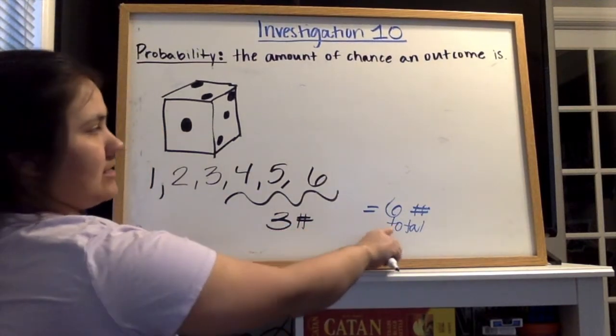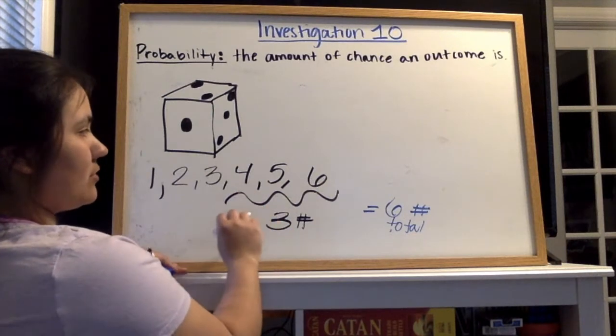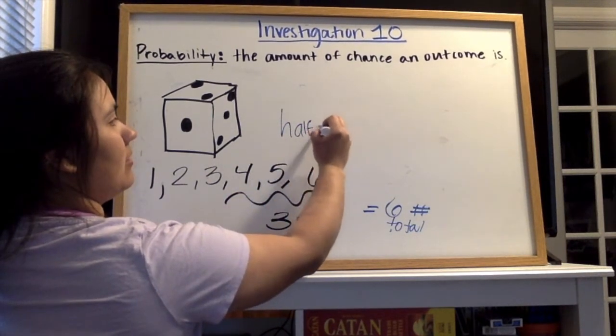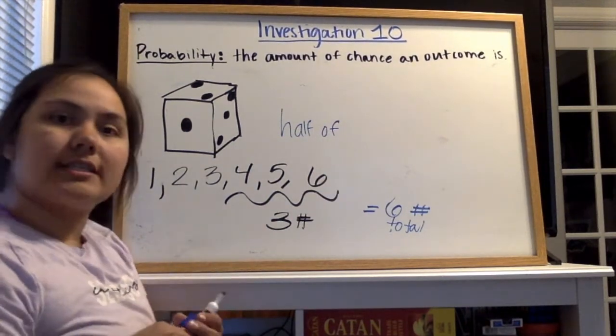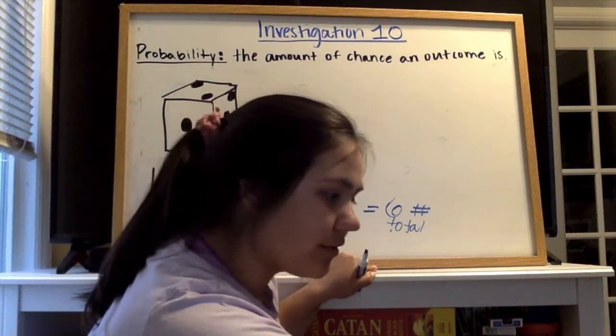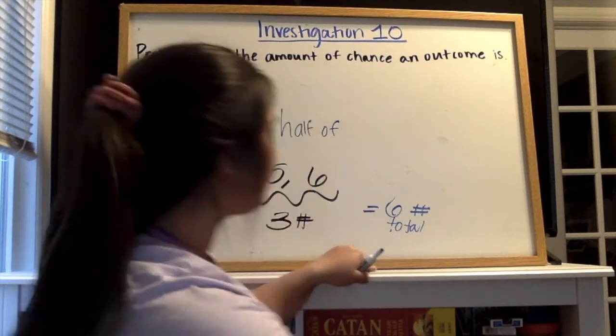That's half of this. So we should expect to roll numbers greater than 3 half of the time. But remember, that's not how it's always going to be. We should just expect it to. That's what probability is. So number 13 would be letter B, about half the time.